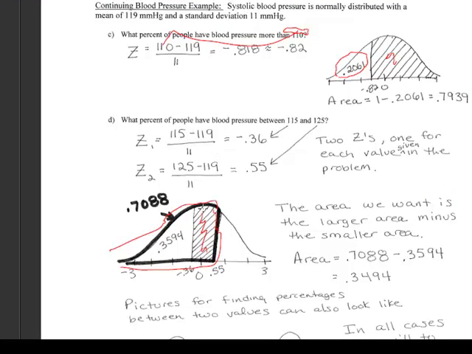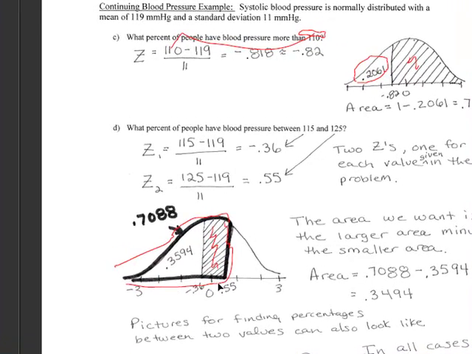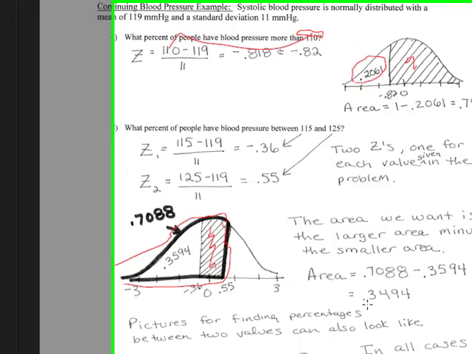But we want the area right here. We know this larger area, and we know this smaller piece. So to get the piece we want, we subtract the smaller piece from the larger piece for a final answer of 0.3494.